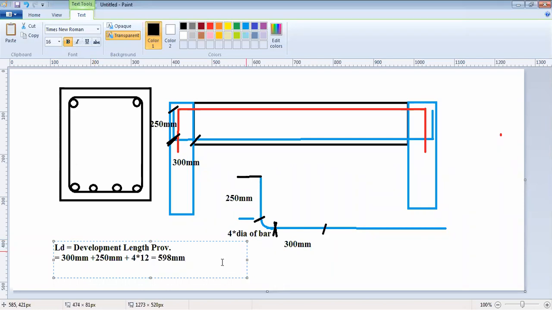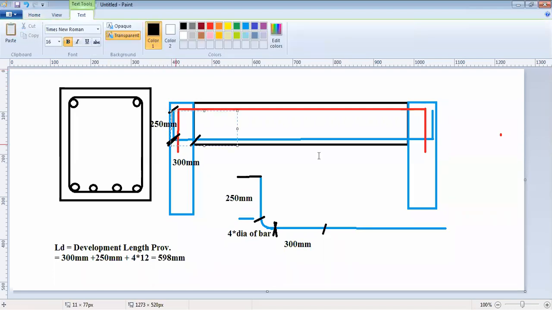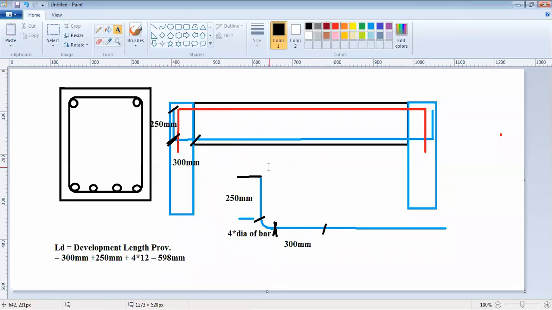This is the development length that we are providing for this tension reinforcement bar, the blue one. The development length is on one side, from one support.